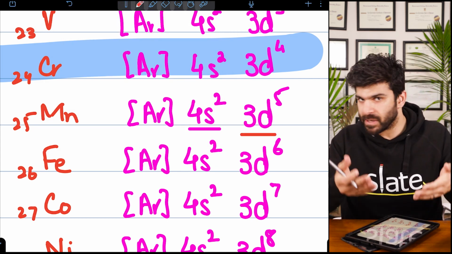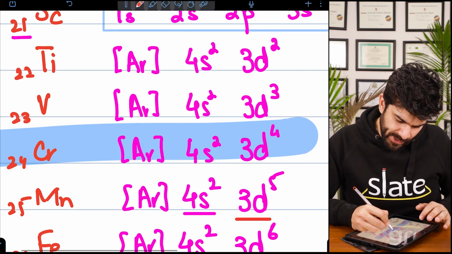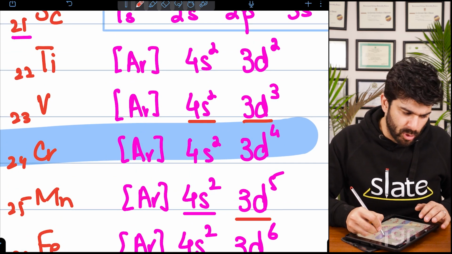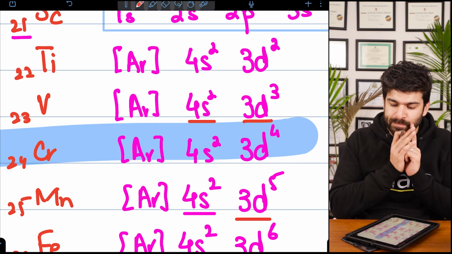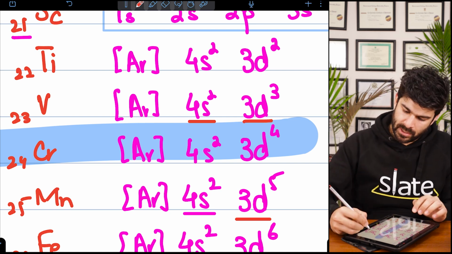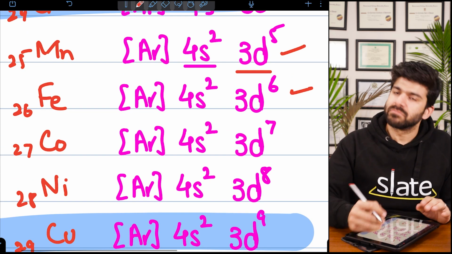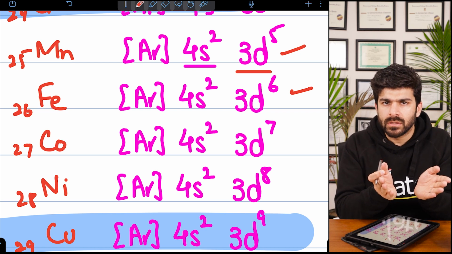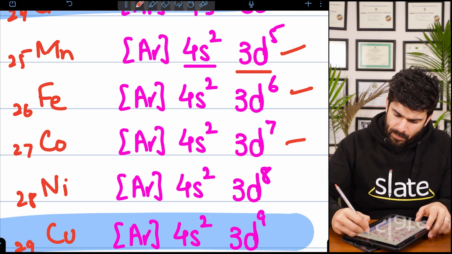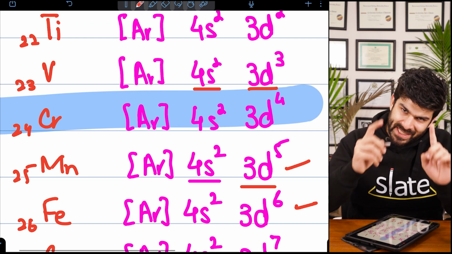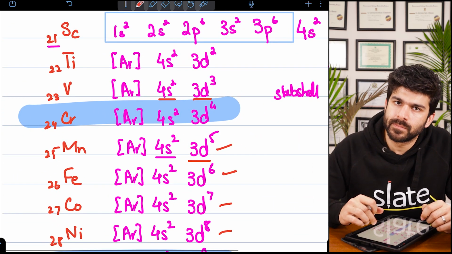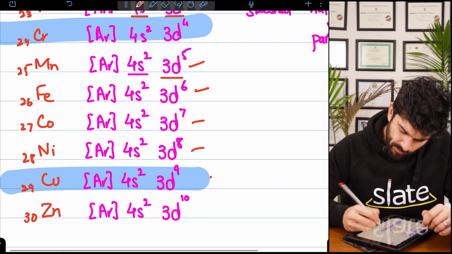That's stability. Perfect. When we look at vanadium, fully filled s orbital, but the outermost 3d is not completely filled. It's partially filled. It's neither half filled. This is half filled. 6, again, not half filled. That's partial. But something can happen in the case of chromium and later in the case of copper.